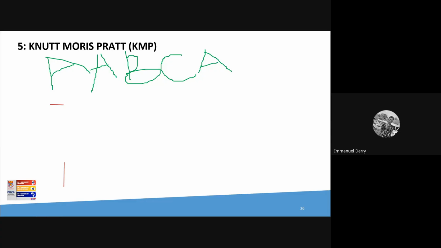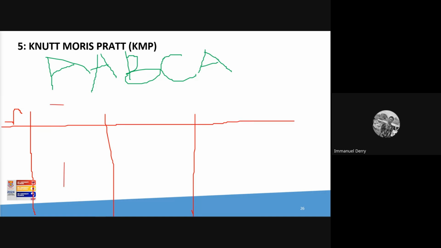So let's create a table from here. Obviously different colors. So the first one contains the substring. And this one, please, you can tell us the substring that we have.